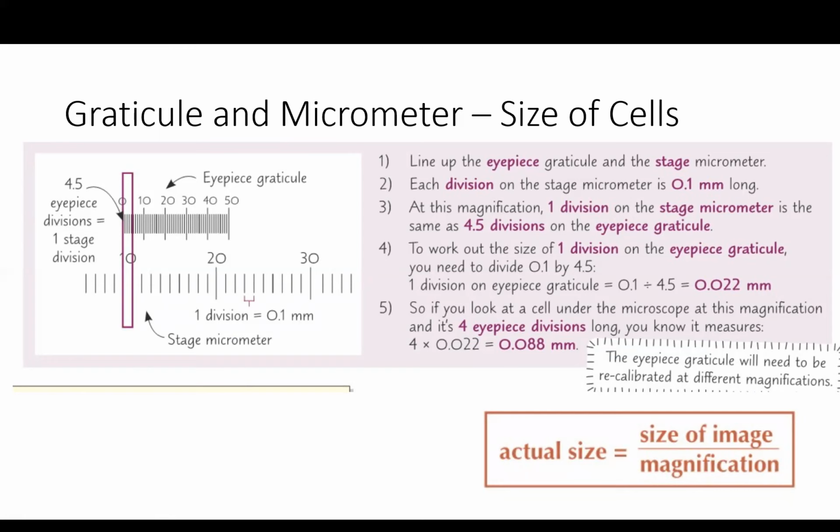So to work out the size of one division on the eyepiece graticule, you just need to divide 0.1 by 4.5. And that would give us 0.022 millimeters. So if you look at a cell under the microscope at this magnification, and it's 4 eyepiece divisions long, you know it measures 4 times 0.022, which equals 0.088 millimeters.